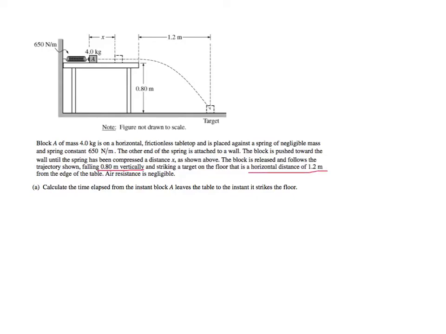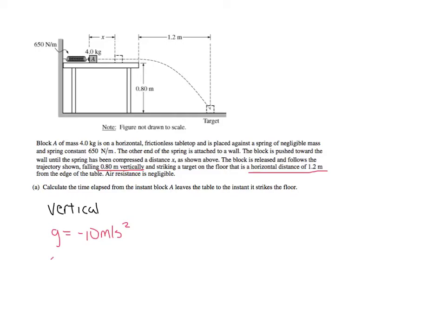Air resistance is negligible. So the first part is to calculate the time elapsed from the instant the block leaves the table to the instant it strikes the floor. In the vertical direction, there's actually no initial velocity, and gravity is affecting the block. So I use g as negative 10 meters per second squared. You can use negative 9.8, but for the sake of the AP test, which is what this problem comes from, you can use negative 10, and that's acceptable.